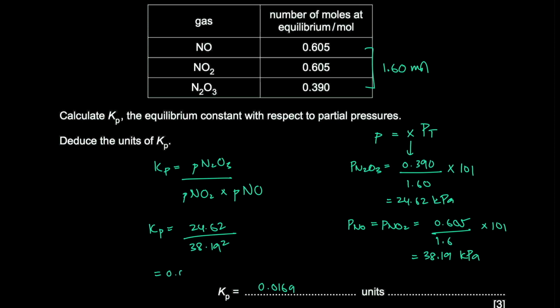The units for Kp are pressure divided by pressure squared, which is 1 over pressure. We have pressure in the numerator, pressure squared in the denominator, so 1 over pressure, and in this case the units of pressure are kilopascals, so the units are kilopascals inverse.